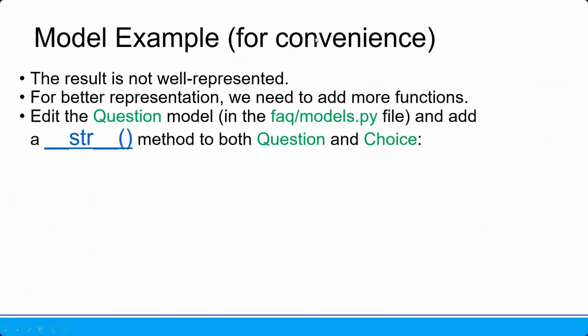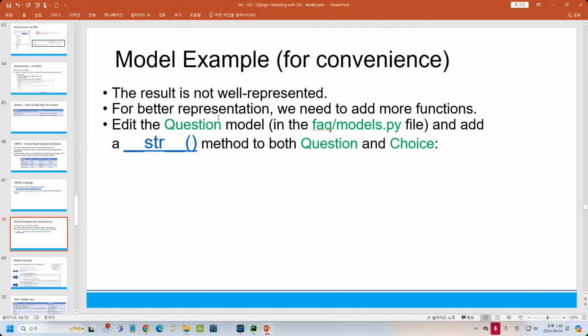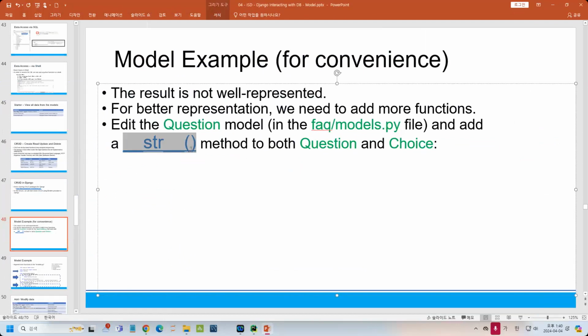It means when you see this data, the data is question object number 1, question object number 2 if you have the second data, question object number 3 if you have the third data. For making a better representation, we can make a str method in order to show the title or the text of the data.